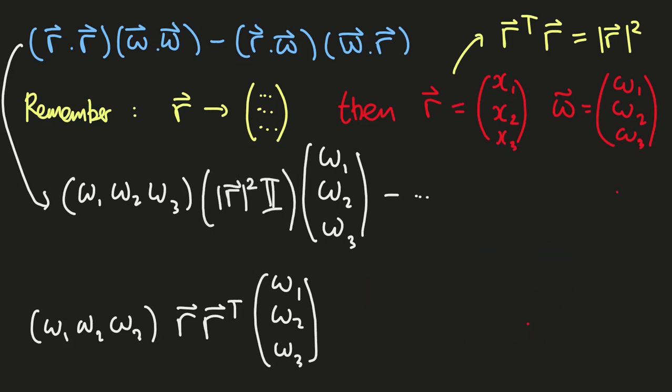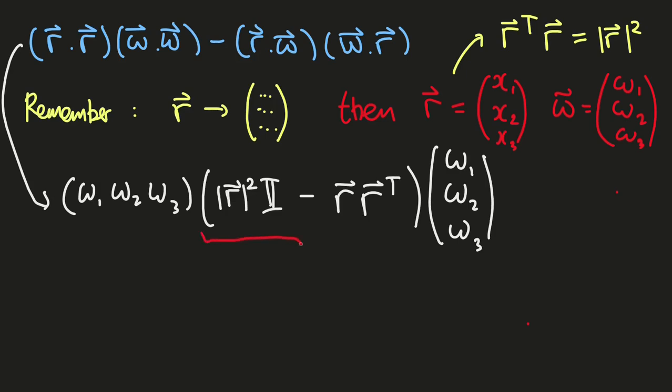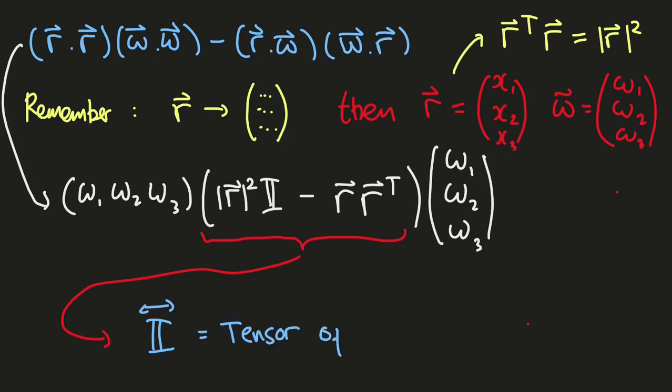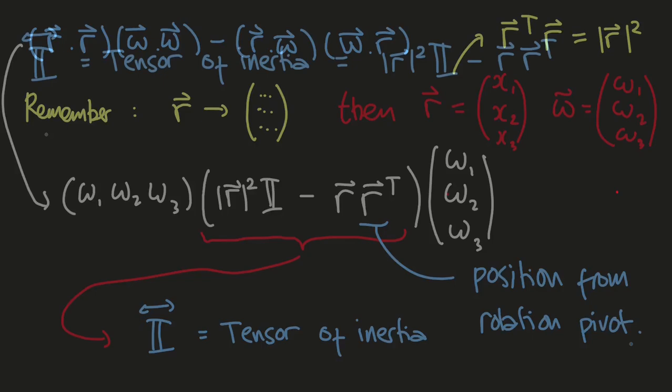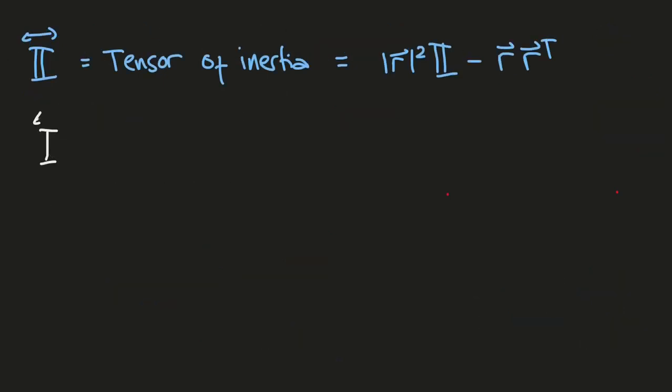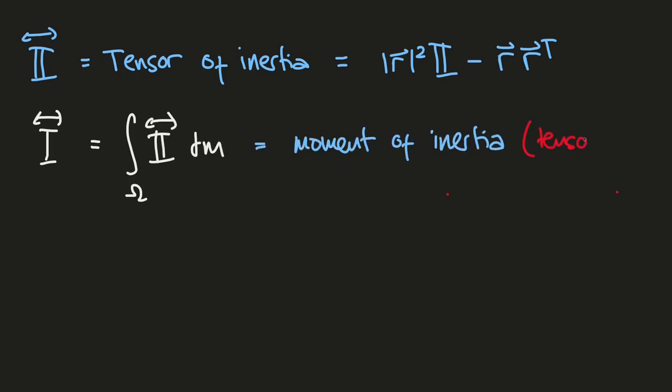So by some simplification, using linearity in matrix multiplication, this middle term of the multiplication is known as the tensor of inertia, where remember that R is the position from the rotation pivot or rotation axis. For convenience, I define a new matrix as I double arrow, which equals this integral, known as the moment of inertia in tensor form.